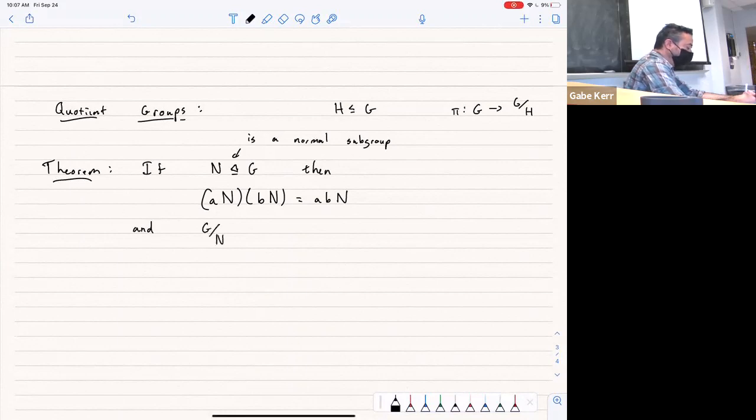And that's a group under this operation of composition. Furthermore, the quotient map is a homomorphism.